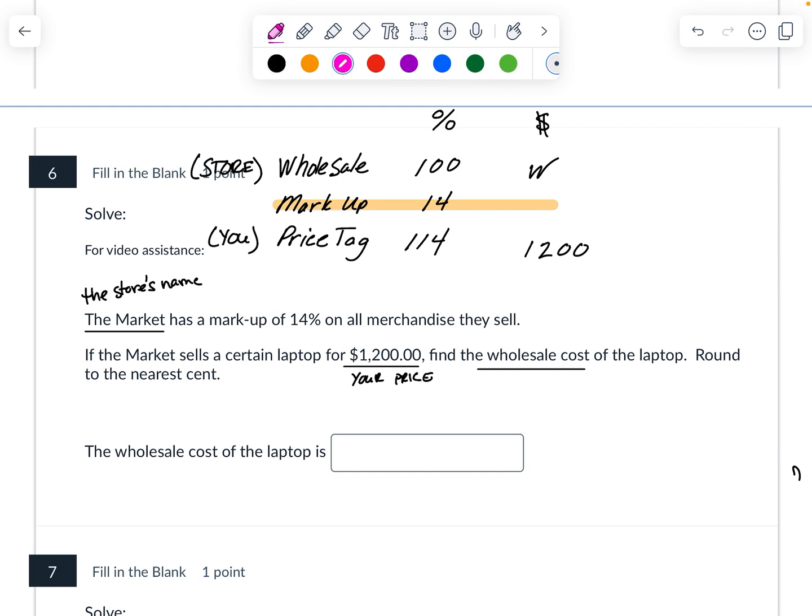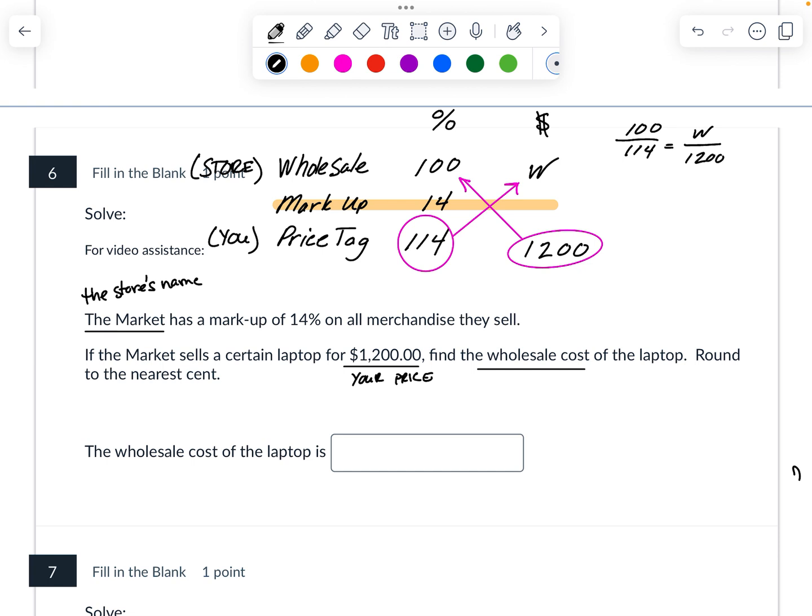Now what we're going to do in the math problem is take 114 and multiply it by W, and take 1,200 and multiply it by 100. So really what we have is the equation, I didn't write it, 100 over 114 is equal to W over 1,200.